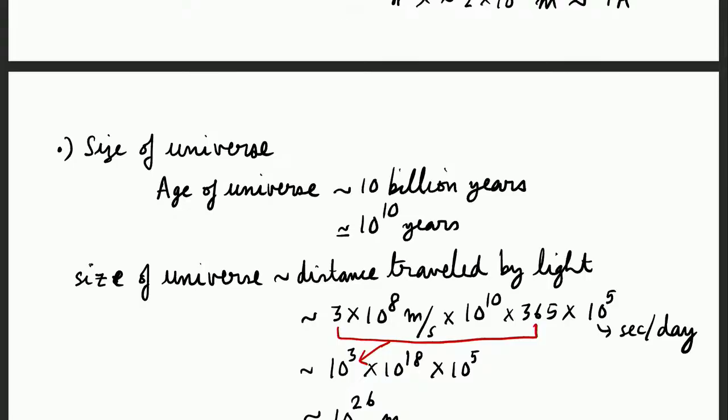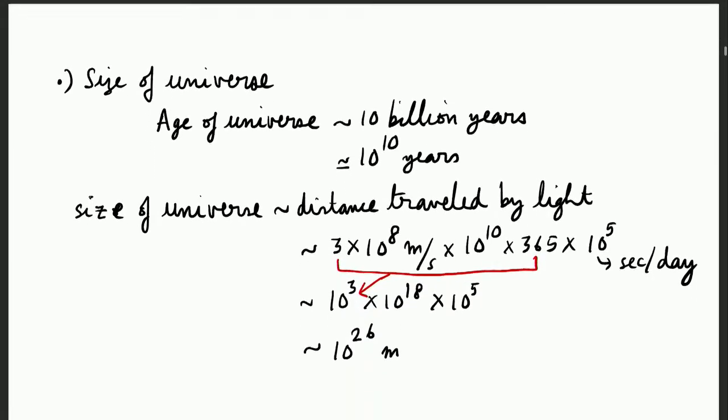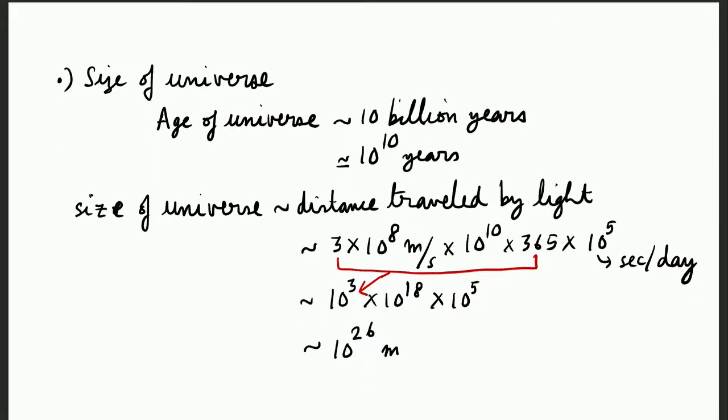What about the size of the universe? We can also make a rough estimate. We are told that the age of the universe is 10 billion years, which is about 10 to the power 10 years. And the size of the universe, if you want to make an estimate, is the distance light has traveled in this much time.